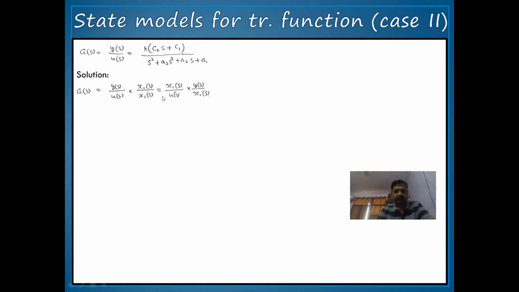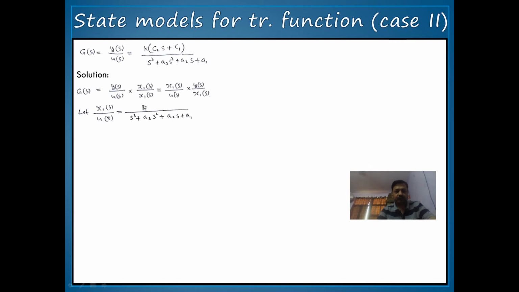You may see here that this transfer function can be converted like this: X1 upon U and Y upon X1. So in the next step, let X1(s) upon U(s) be equal to k upon s cube plus the remaining terms, which is the part of the transfer function given to the X1 upon U side.